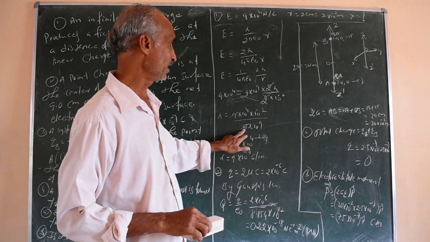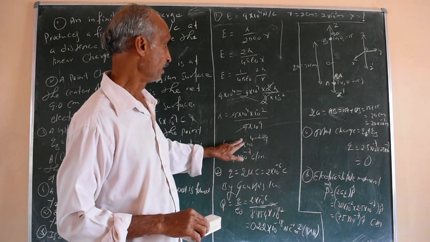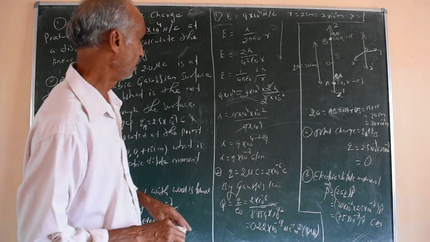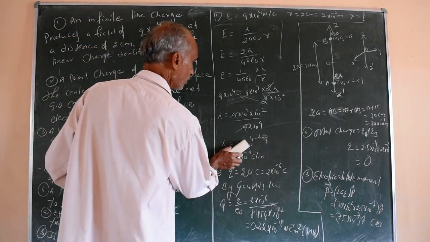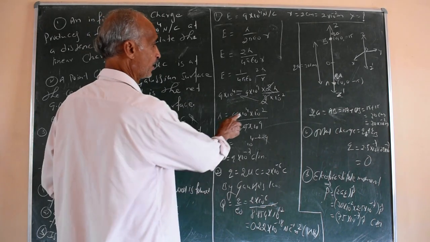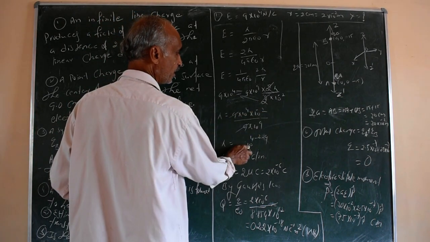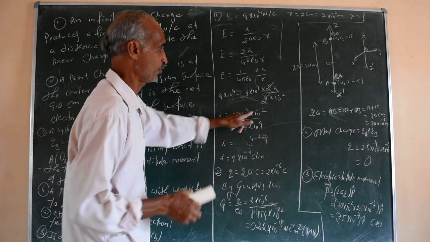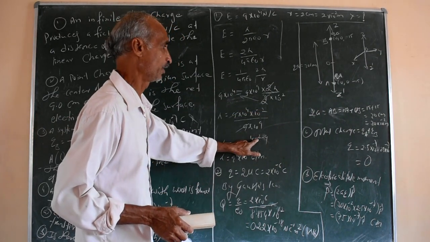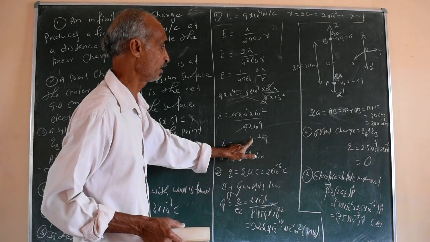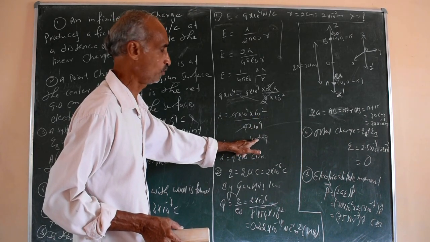Now 9 cancels 9. What remains? Only 10 raised to 4, into 10 raised to minus 2. Recall a raised to m into a raised to n is a raised to m plus n, so plus of minus 2 gives minus 2.